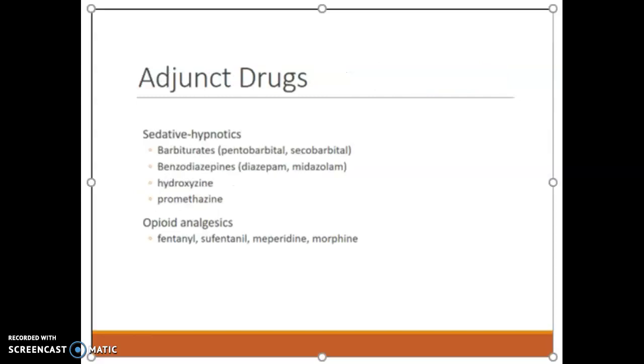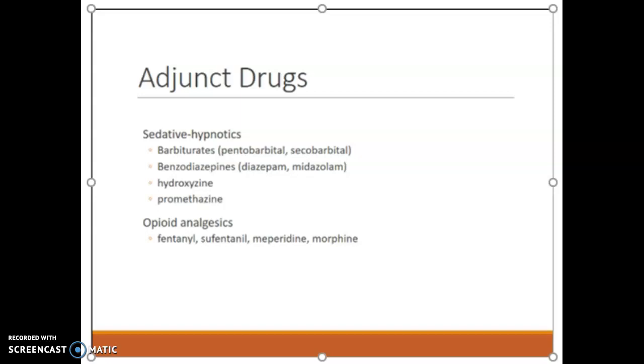So adjunct drugs, well, adjunct is a very general term. It's used for any drug used to enhance clinical therapy when used simultaneously with another drug. So these will be things like our sedative hypnotics, our barbiturates, benzodiazepines, hydroxyzine sometimes, promethazine. You may recognize that as sometimes used in cough suppressants. Opioid analgesics: fentanyl, meperidine, sufentanil, morphine.